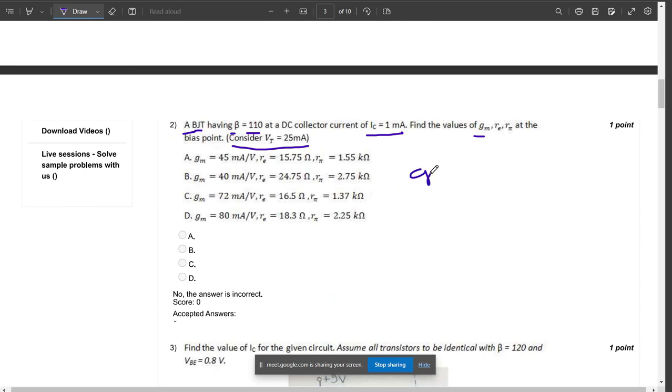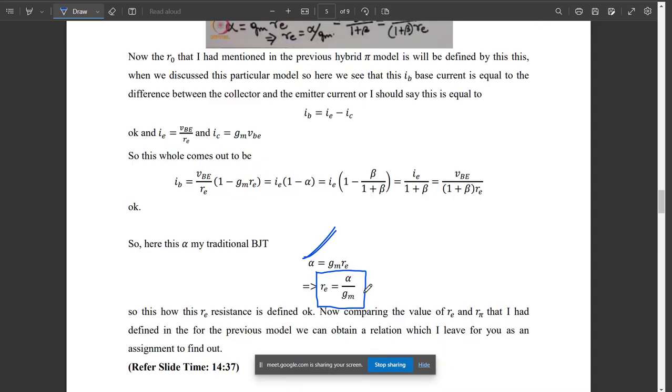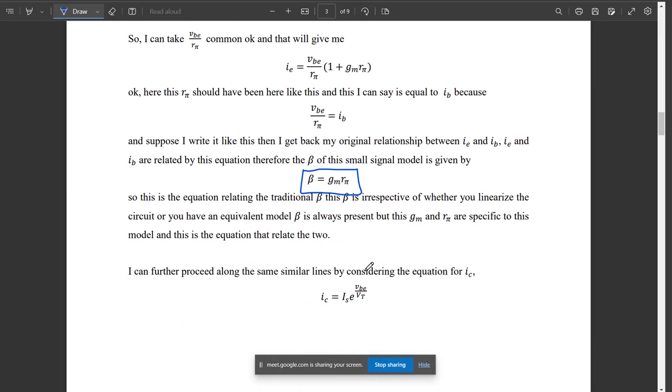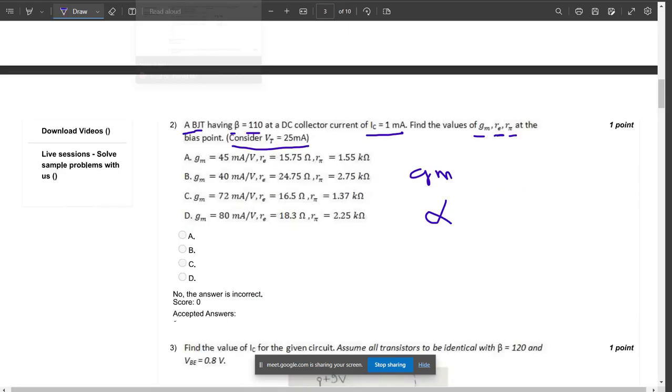So you can find out gm, then alpha, then re and r pi, right? I'm giving you 4 minutes to solve this question and then we'll discuss.